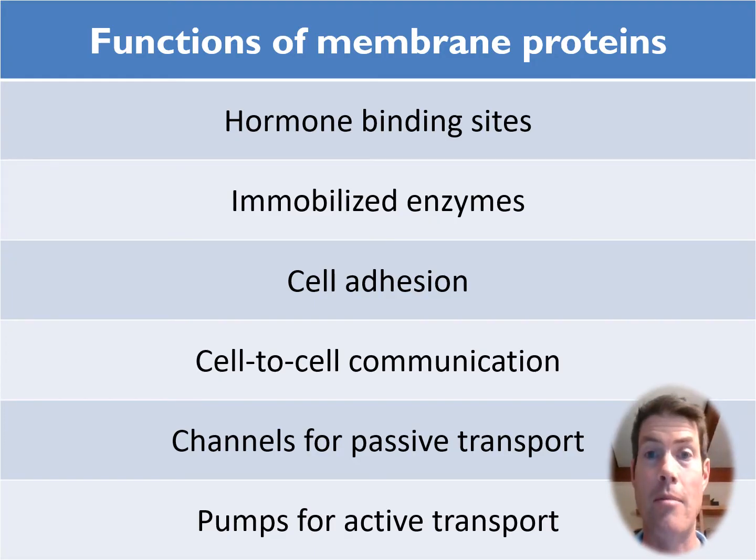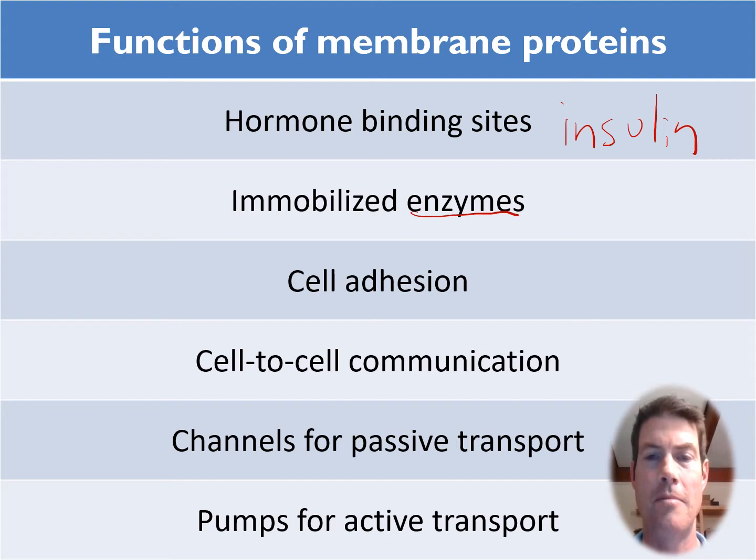So we got a lot of membrane proteins stuck inside the membrane, on the outside and through the middle, and lots of different jobs. Hormone binding sites. I'm sure you've heard of insulin. Insulin can join and then create a signal, tell the cell to move sugar in.